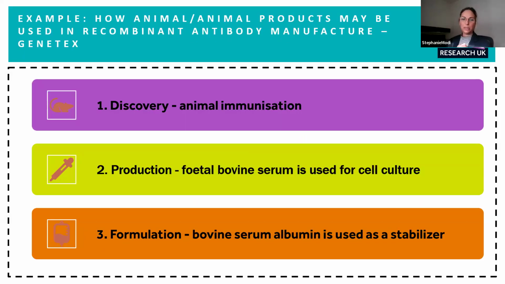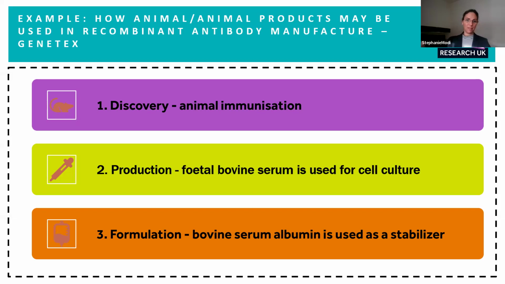Here's another example of a supplier who manufactures using mixed methods. This is GeneTex in America. For their discovery phase, they use animal immunization to create the initial library. So as opposed to Cape Biologics, who use historic immunization, GeneTex use rolling immunization.